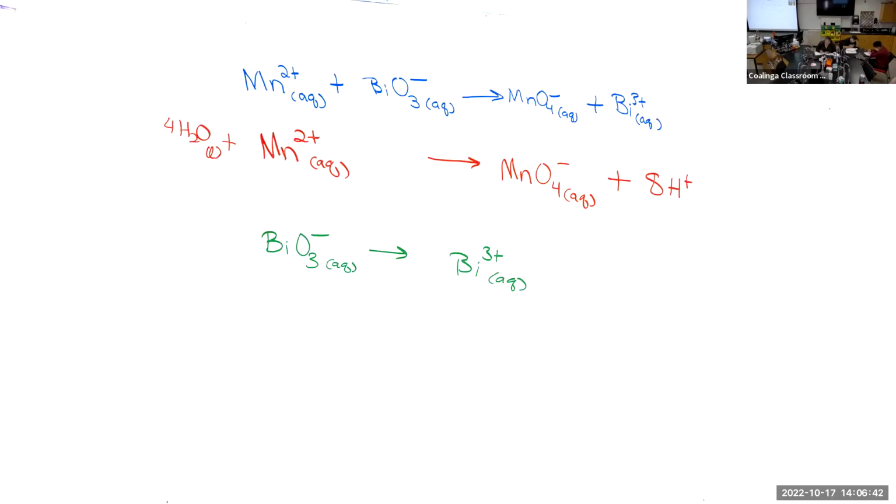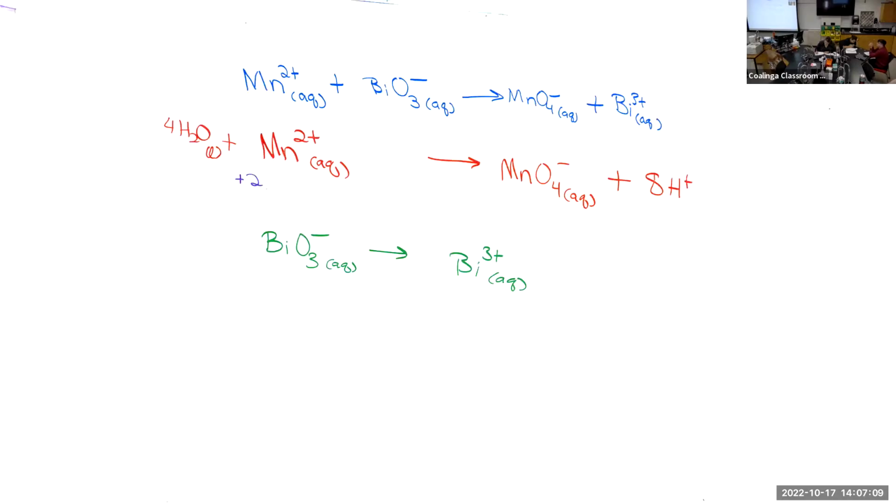Okay, so now what is the next step? Charges. Okay, so if we look on this side here, what's the number of charges that we have? 2 plus. So we have a +2 charge over here.